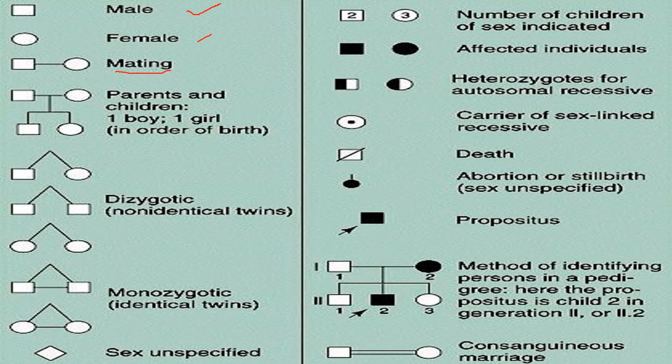Marriage or mating is represented by a line between a male and a female. If a line is drawn down from the mating line like this, then these are the children of these parents. Here the square is the symbol for male, one boy child and one girl.